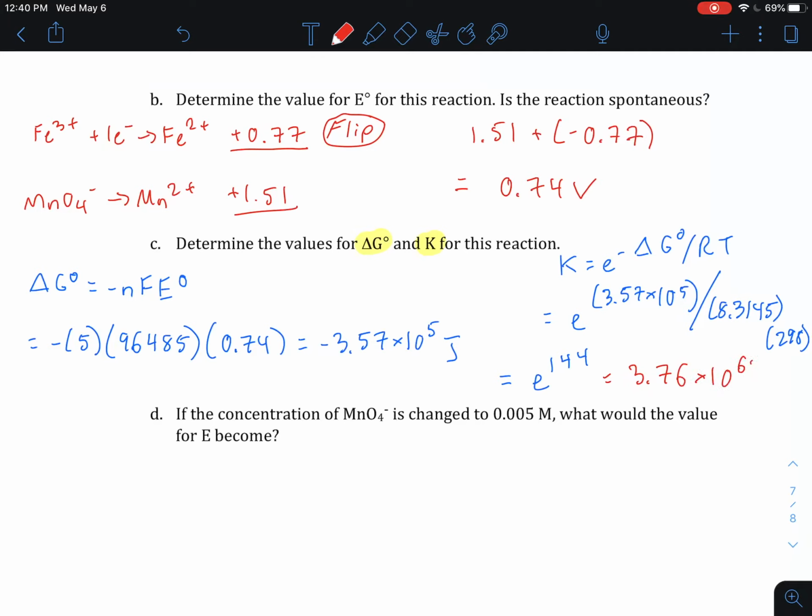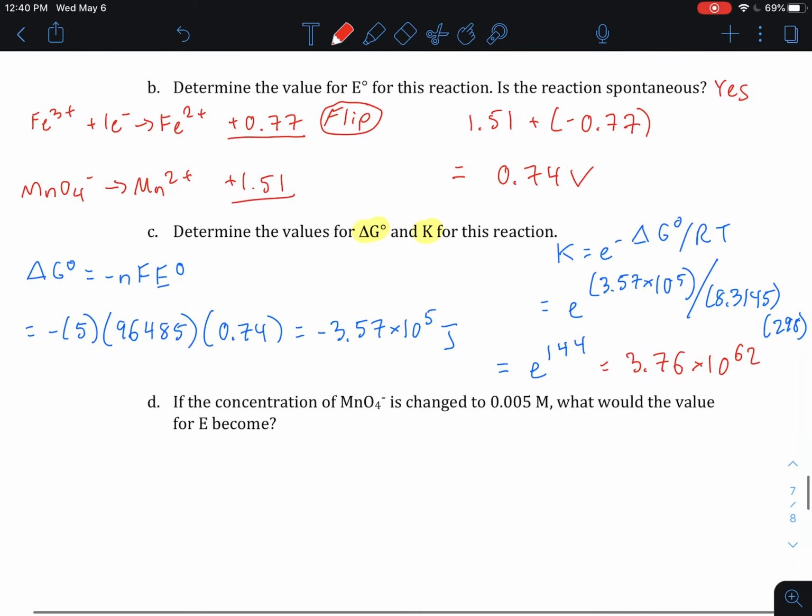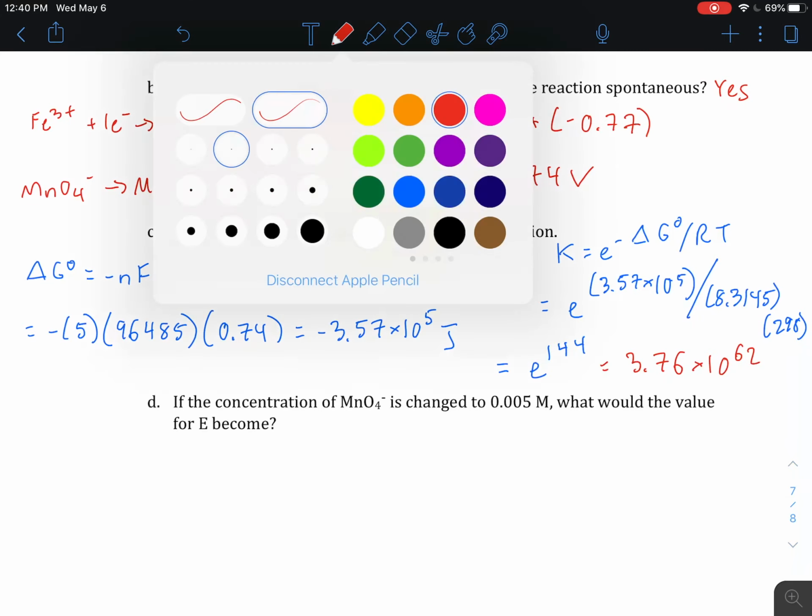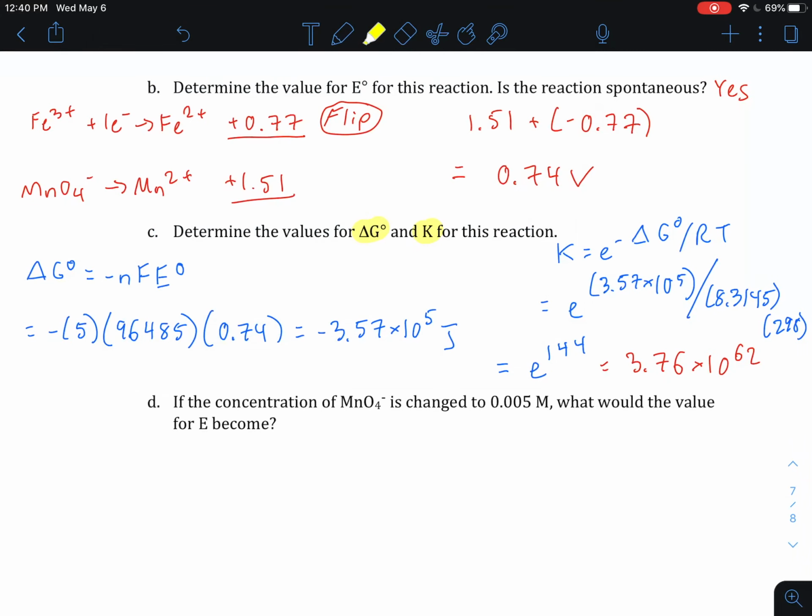It's okay to leave it that way, but if I am able to calculate it, we would get 3.76 times 10 to the 62. So a really large equilibrium constant value to reflect the fact that this is a spontaneous reaction. Yes. And the reaction goes very far towards completion, so it's a really large K value.